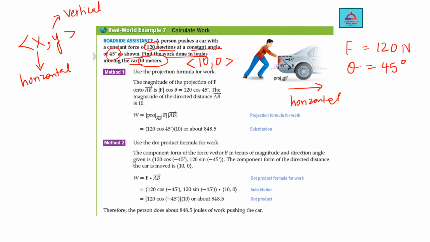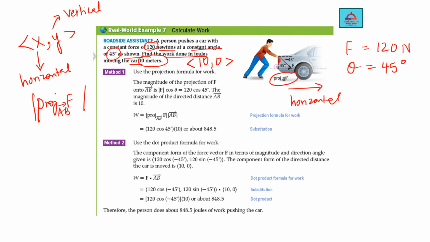Very important point. Now this force of 120 newtons, when you take the projection on the horizontal axis, will come like this. The projection of the force along AB, right? So this is how you write the projection.